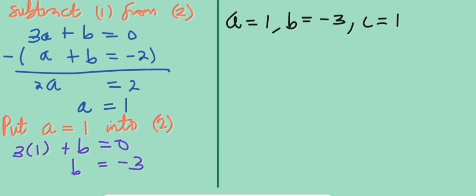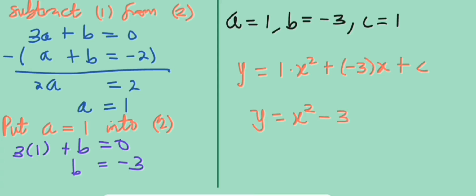Thus, the required function for the quadratic curve is y equals ax squared, which is 1 times x squared, plus bx, which is negative 3 times x, plus c. That simplified, the function is x squared minus 3x plus 1. This is the function whose curve is given.